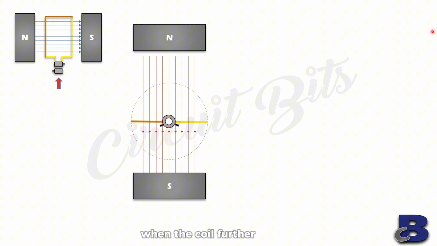When the coil further rotates, it begins to cut through the magnetic lines at an angle. So voltage is induced on both ends of the coil, of equal but opposite polarity, and will increase gradually until the coil is at 90 degrees, where it experiences the maximum field strength by reason of its position.